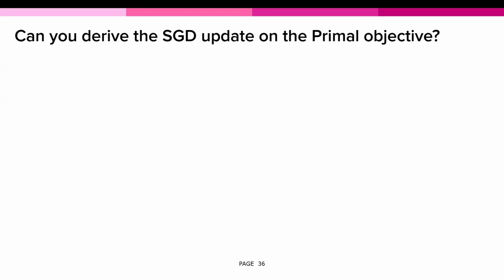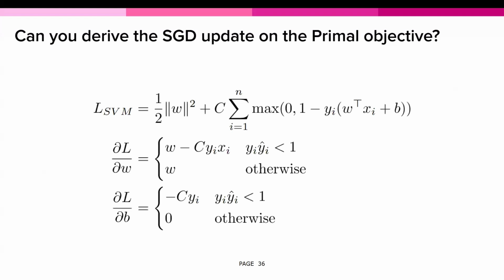All right, did you have any luck? Okay. So I would imagine that one problem you might have run into is, how do you take the derivative of a max function, right? It's not differentiable at the point where it's actually 0. So what you can do instead is split the SGD update into two cases.